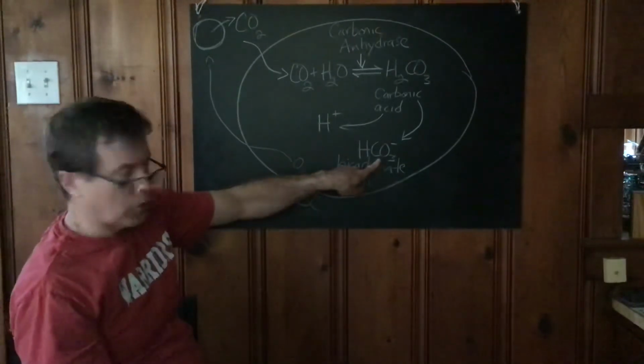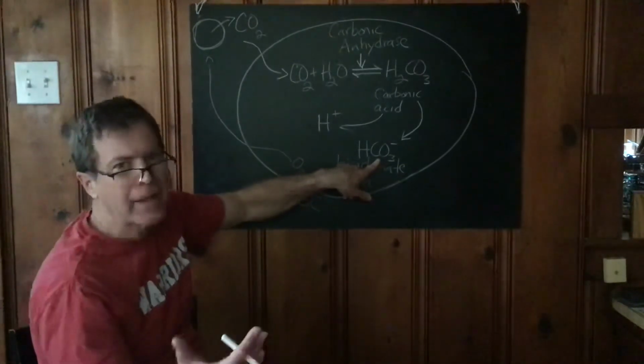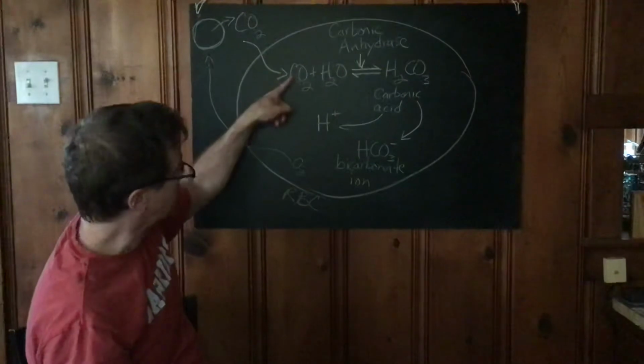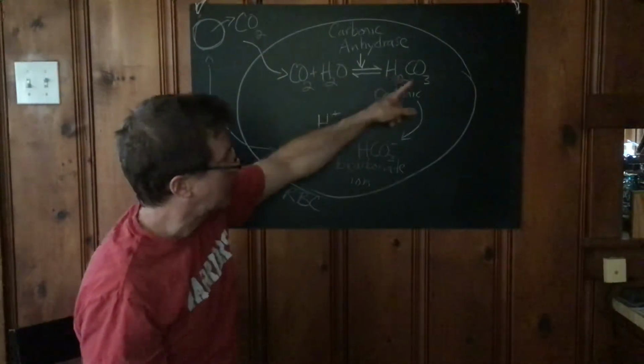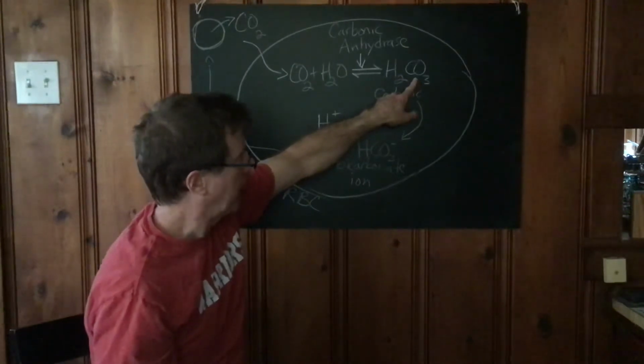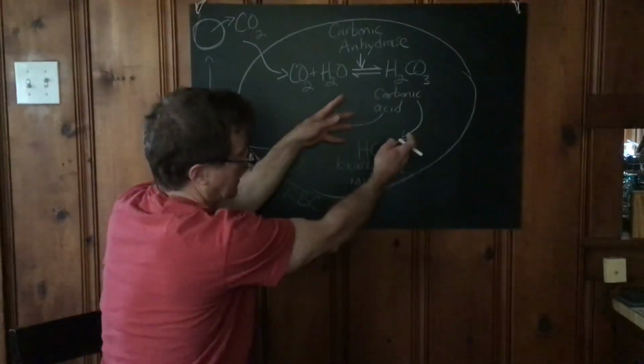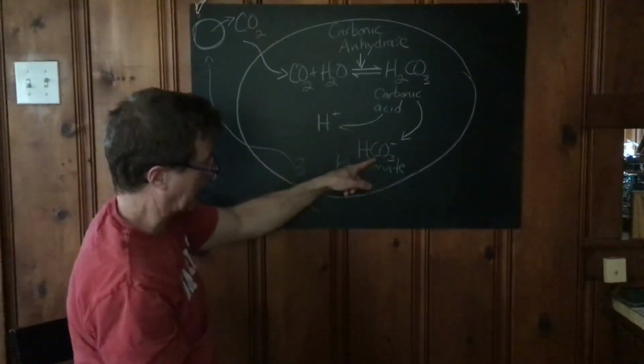That's where the CO2 is now. All we're doing is hiding the CO2, really. It comes into the cell, combines with water to form this acid. The CO2 is hidden here. This acid dissociates into hydrogen ions and bicarbonate ions.